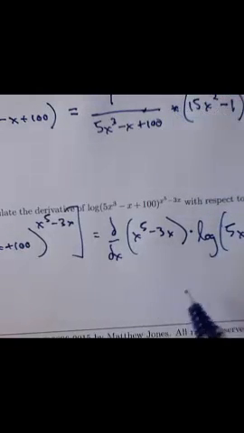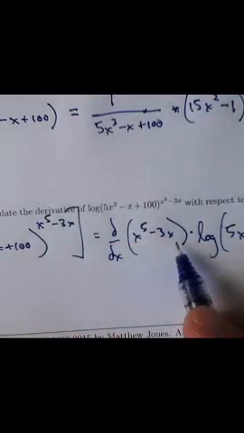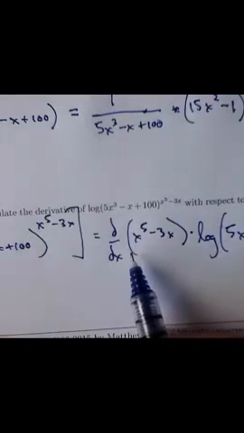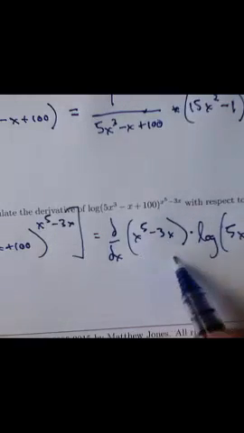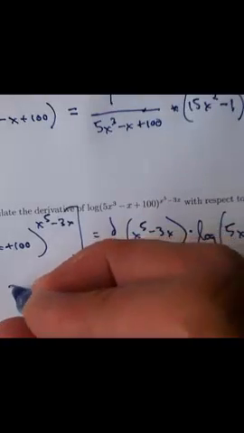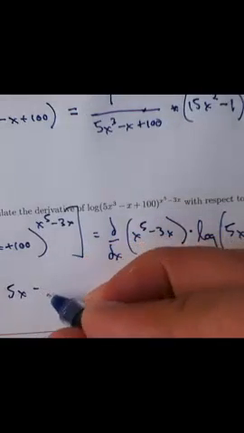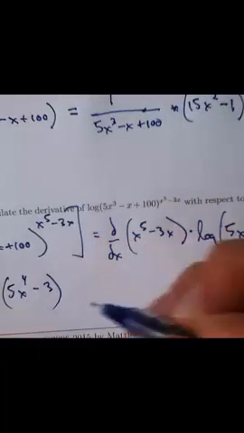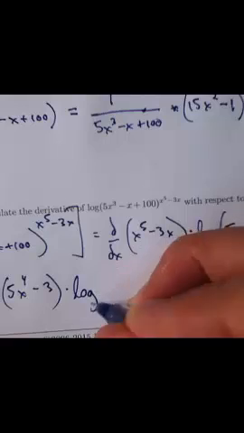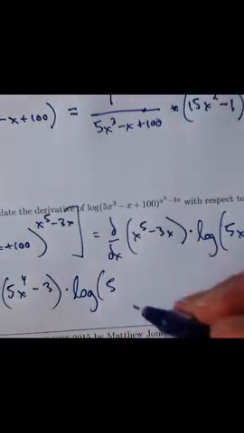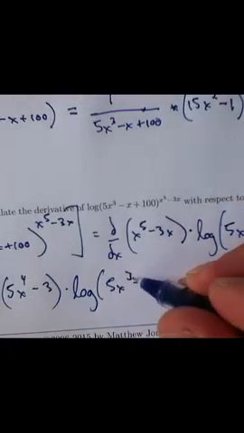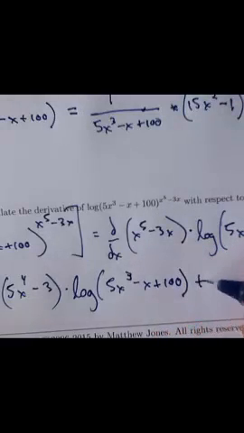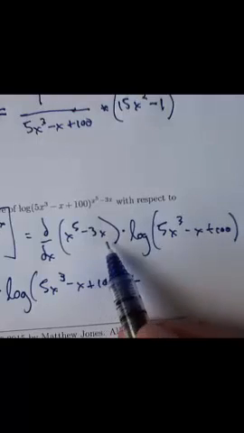It's up here. So using the product rule, I'm going to take the derivative of this times this stuff plus the derivative of this stuff times this stuff. So the derivative of this stuff is going to be, remember, the exponent comes down, you get 5x to the 4 minus 3. That's the derivative of that stuff, and then times this stuff stays the same, log of 5x cubed minus x plus 100, and then plus, now I take the derivative of this stuff times this stuff.